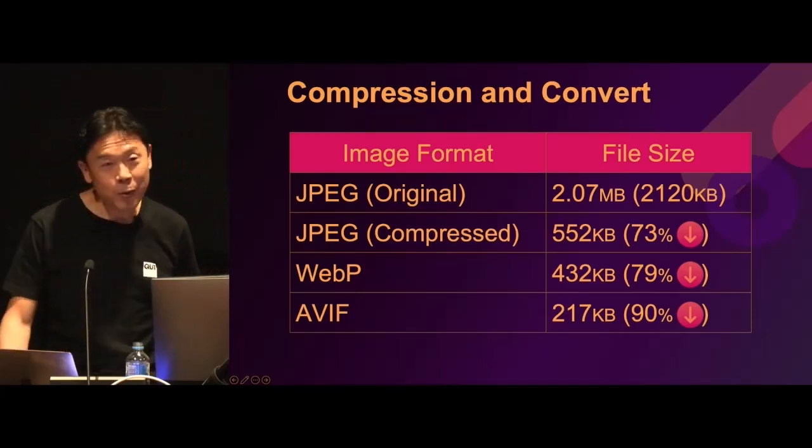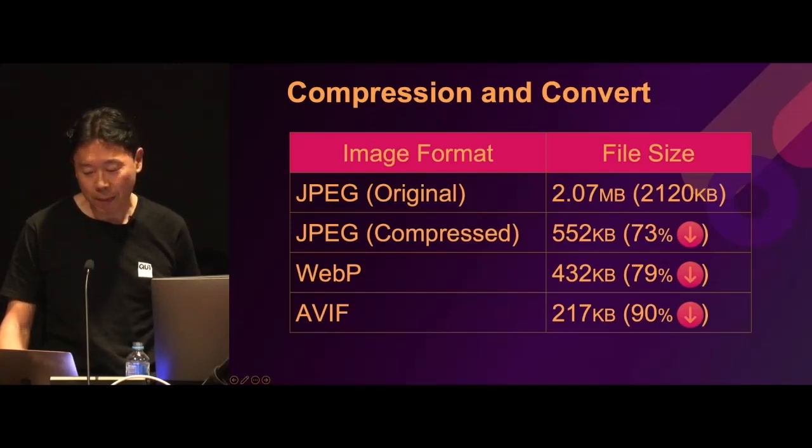I took that big 2 megabyte JPEG photo of the Opera House and compressed it down to just 552 kilobytes. That's a 73% reduction. Technically, there was some quality loss, but it's practically invisible to the naked eye.